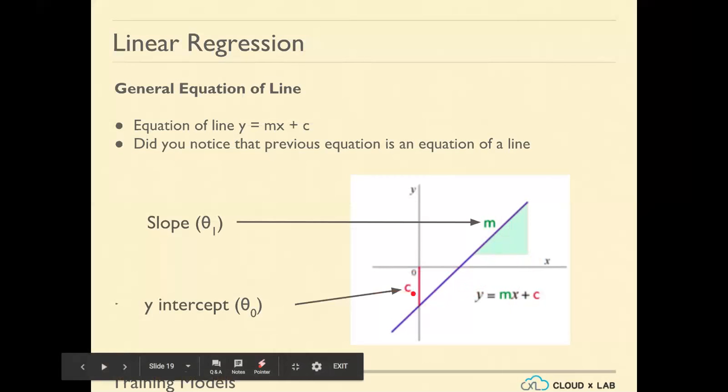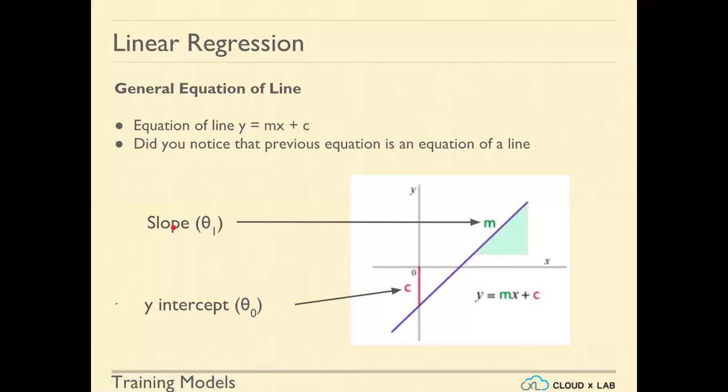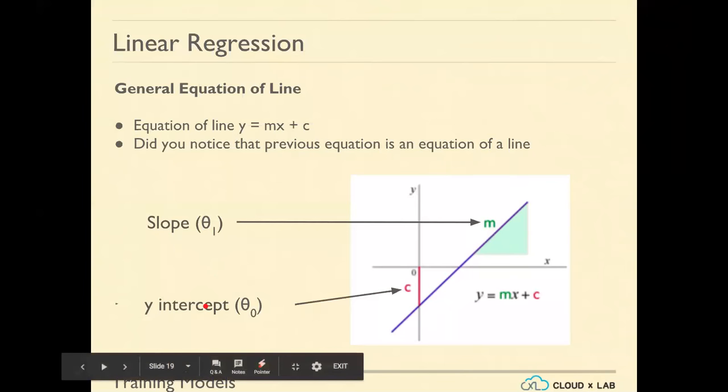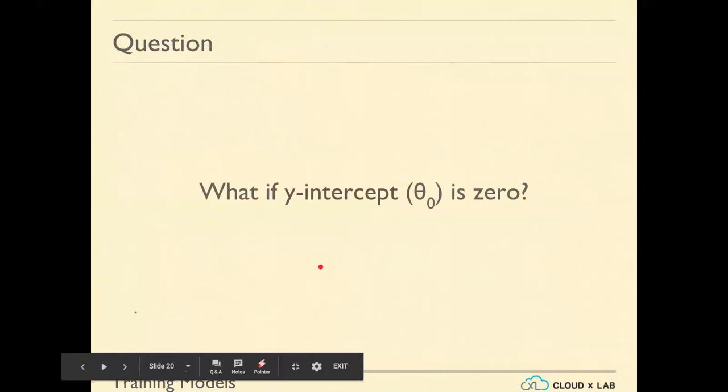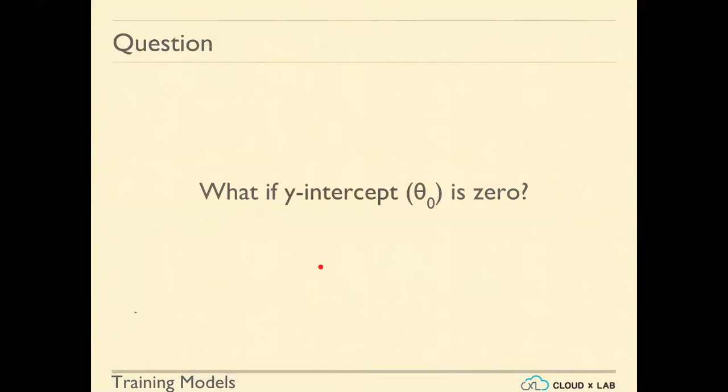Now we are calling c as theta 0 and m as theta 1, slope as theta 1 and intercept as theta 0. This is also called y-intercept. So what if y-intercept is 0? Quickly, if the y-intercept is 0, what will happen?